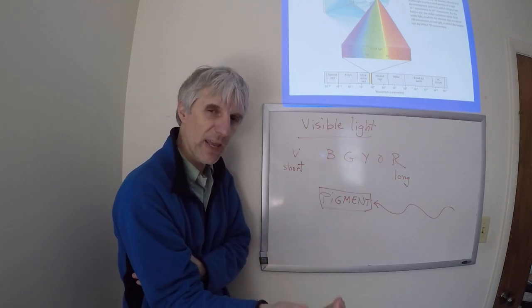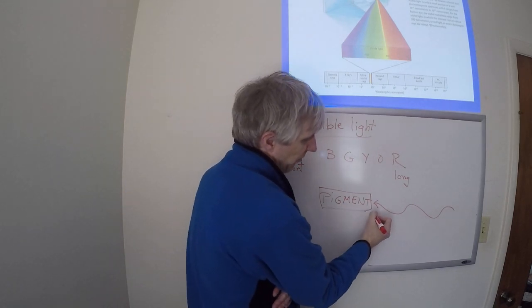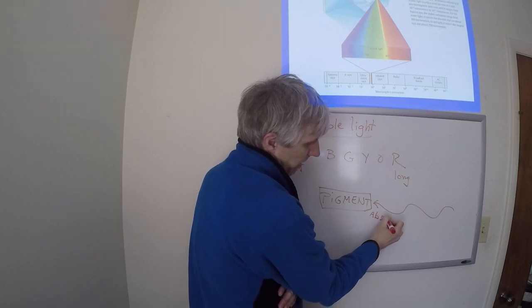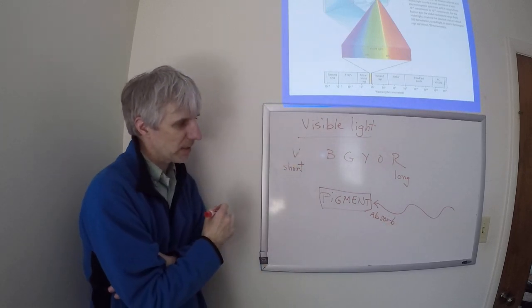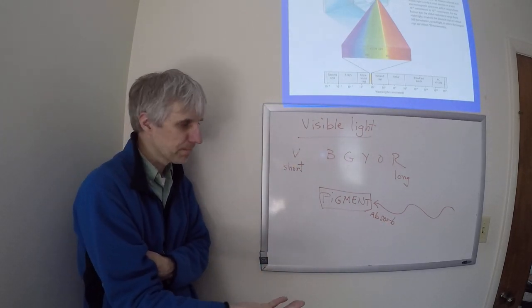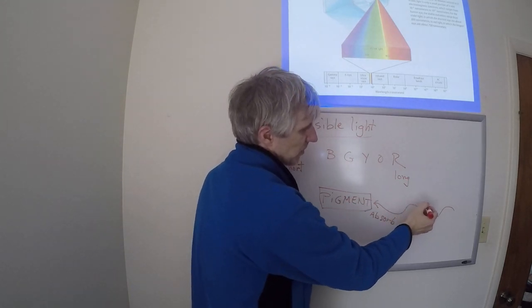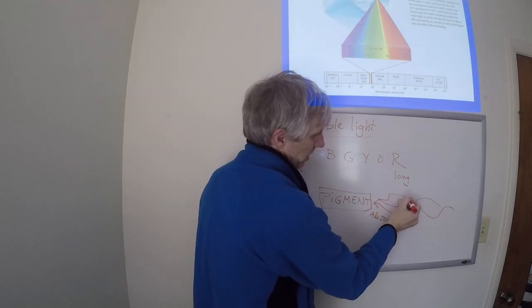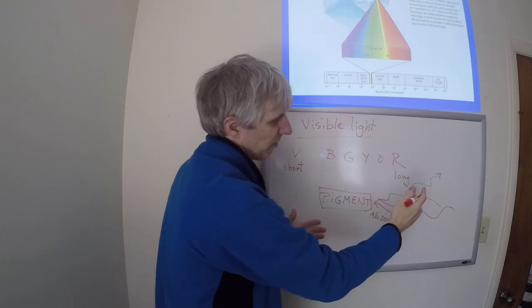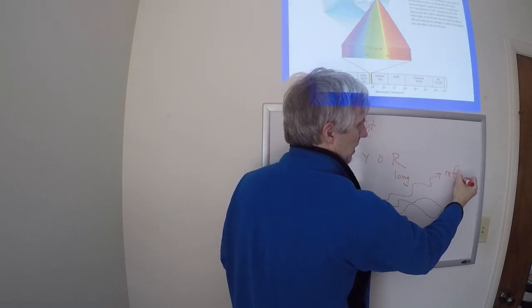Now there are 3 fates to this light. The first possibility is that some wavelengths of light are actually absorbed. The second possibility is light is reflected.